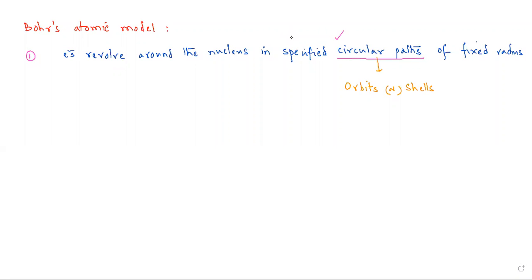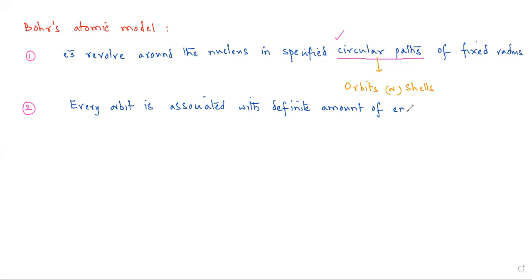Now, every orbit is associated with a definite amount of energy. Because every orbit is associated with a definite amount of energy, the orbits or shells are also called energy levels.